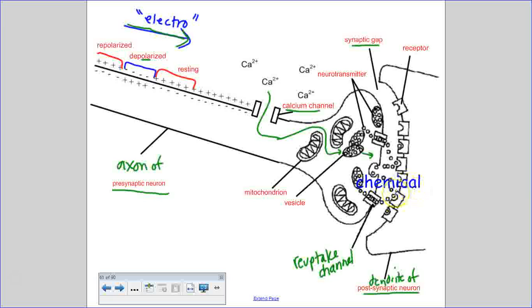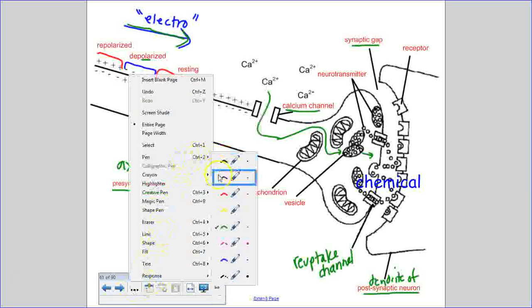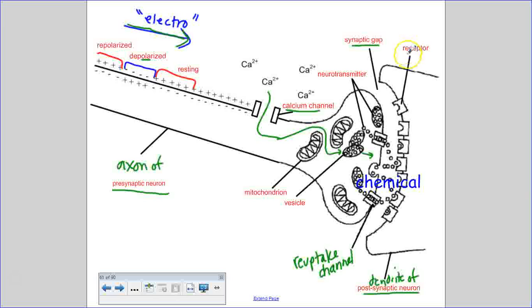Now, when they go to the next neuron, they will bind to receptors. So these are receptors on the dendrite. Okay, so it's labeled here. There's the receptor. Then the receptors are usually linked to some kind of a channel. If they're linked to a sodium channel and enough sodium gets to go into that neuron, then it will excite that neuron and cause the message to be passed on.